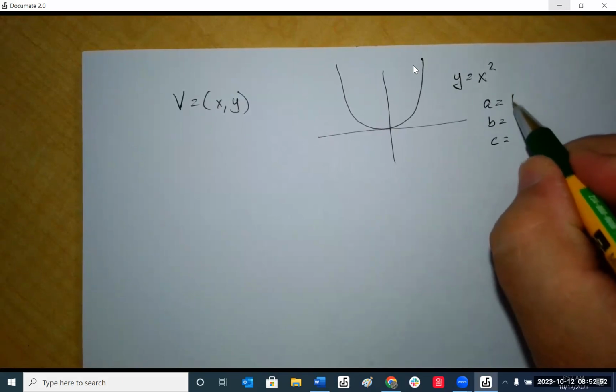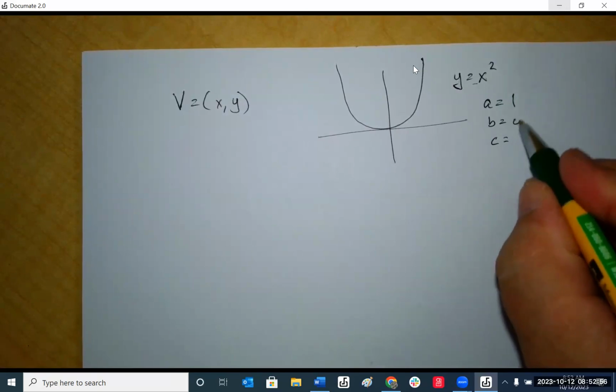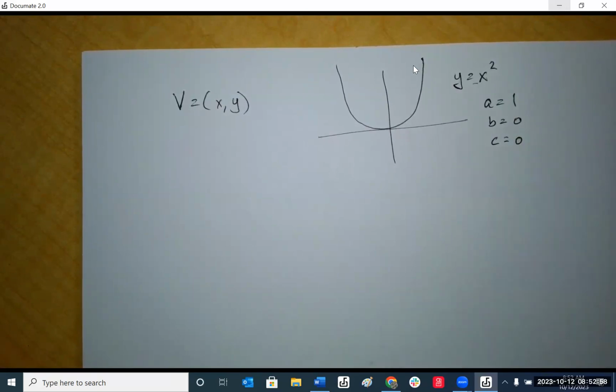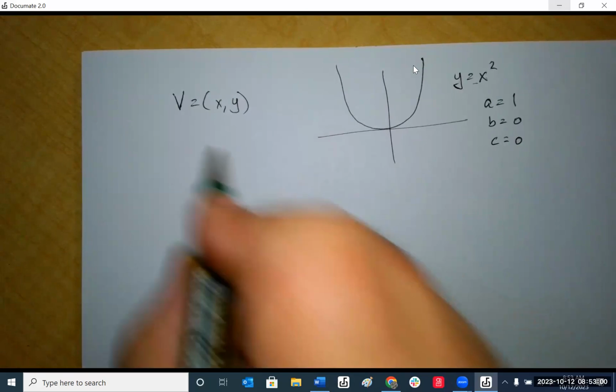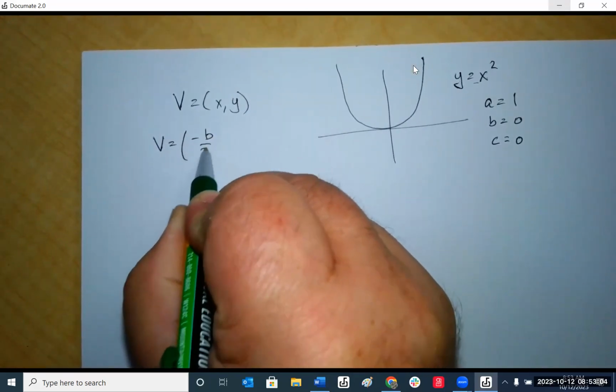A is 1. Yep, that's the coefficient of x squared. Do we have a B? No. Do we have a C? Nope. So those are both zeros. Let's look at the formula we just had: negative B over 2A.